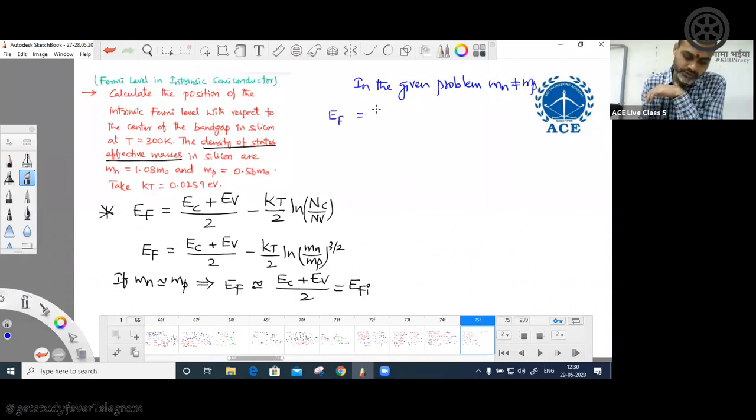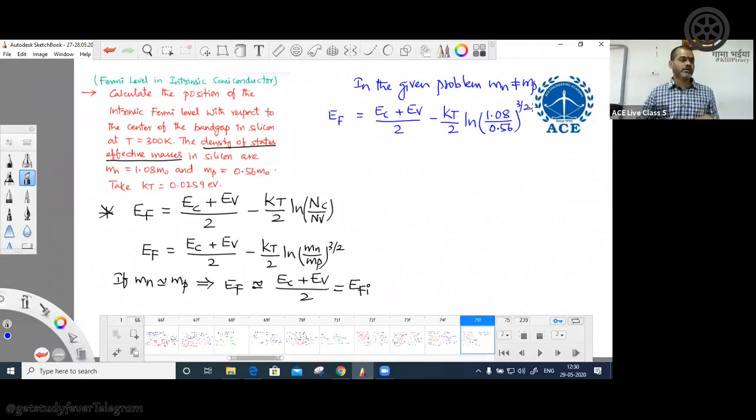Ef equal to (Ec plus Ev) by 2 minus (Kt by 2) ln of... Mn is given as 1.08 m naught. I'm not writing m naught, it will be cancelled. Mp is 0.56, whole power 3 by 2. Got it? So you calculate these values.